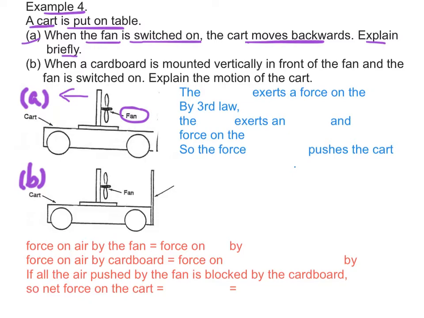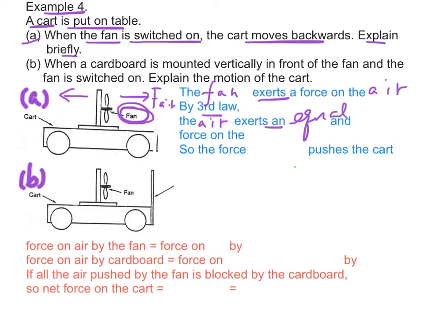The reason is that when the fan is switched on, the fan exerts a force on the air. By the third law, the air exerts an equal and opposite force on the fan.